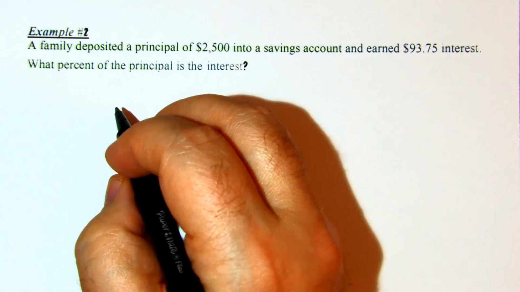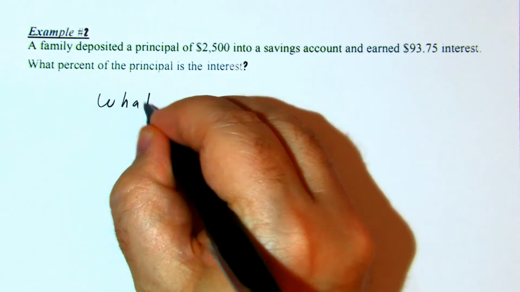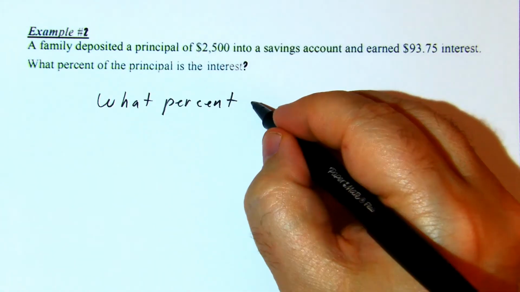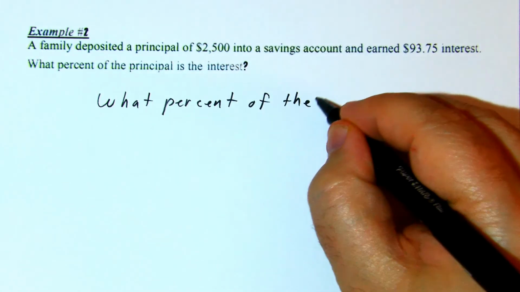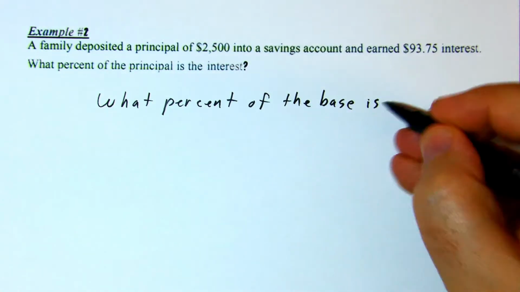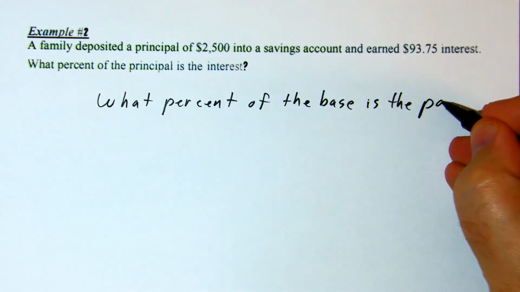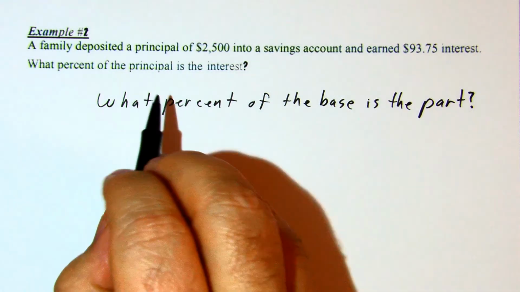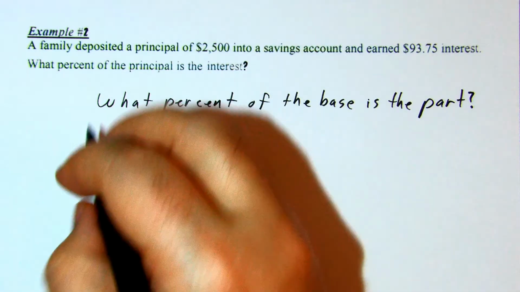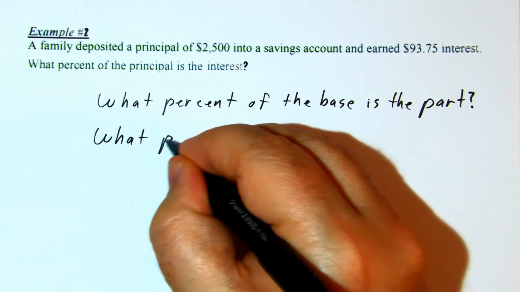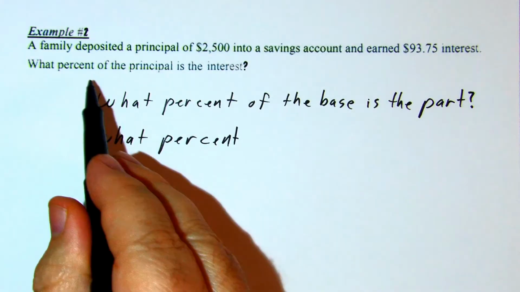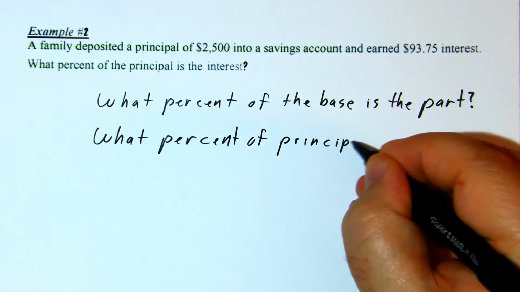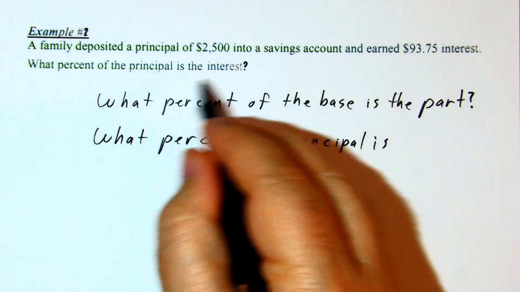Well, this question is asking what percent, and we could use the standard vocabulary, what percent of the base is the part, but we could also use the particular vocabulary of this question and ask what percent of the principal is the interest.